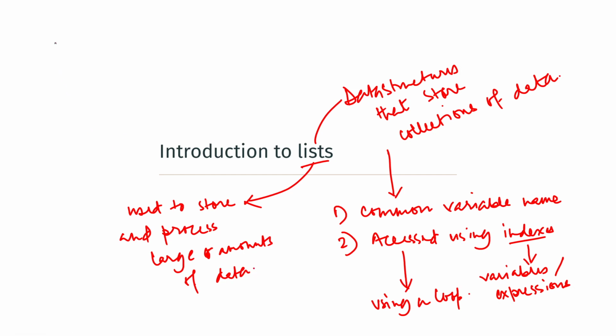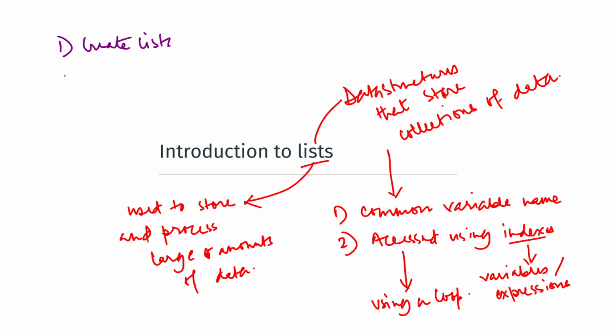Now we have seen how to create lists. We have seen different approaches of creating lists when all the data are known, or the data is unknown but the number is known, or when neither the number of items nor the actual items are known, right?